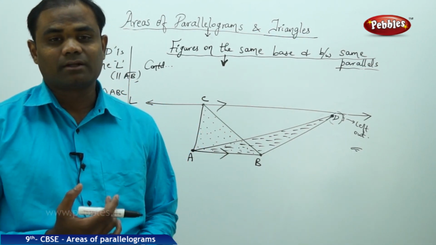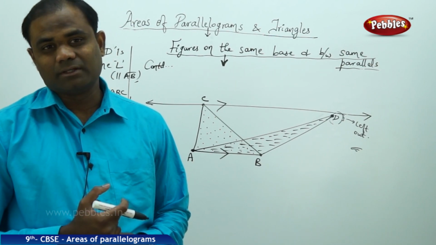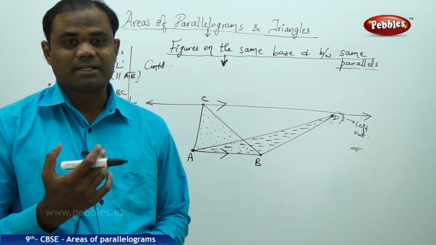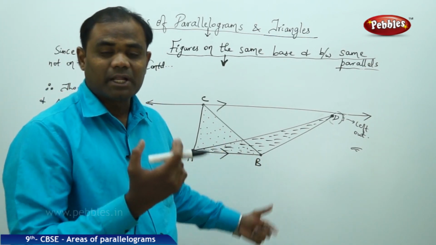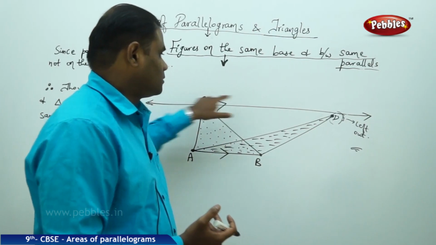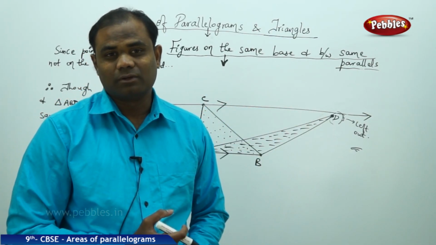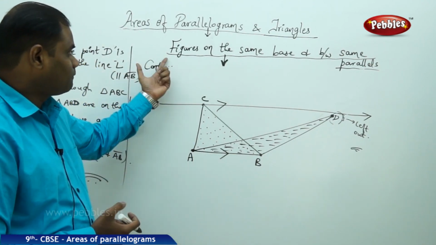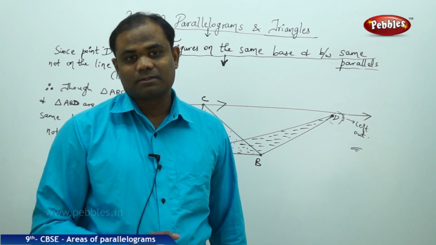This is how I understand the two figures are on the same base and between same parallels if the figure has its vertices other than the base which lie entirely on the line which is parallel to the base. Is how we conclude with figures on the same base and between same parallels.